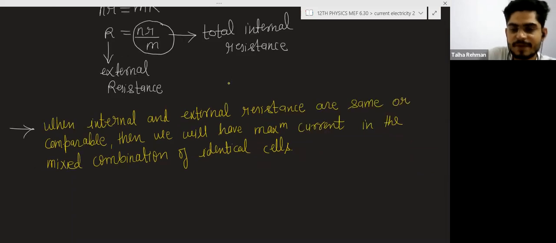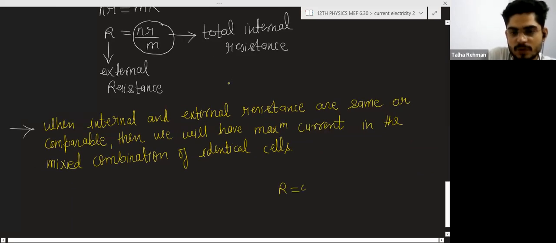Comparable means if you have an external resistance of 0.5 ohm and internal resistance of 1 ohm, both are comparable, you will say.